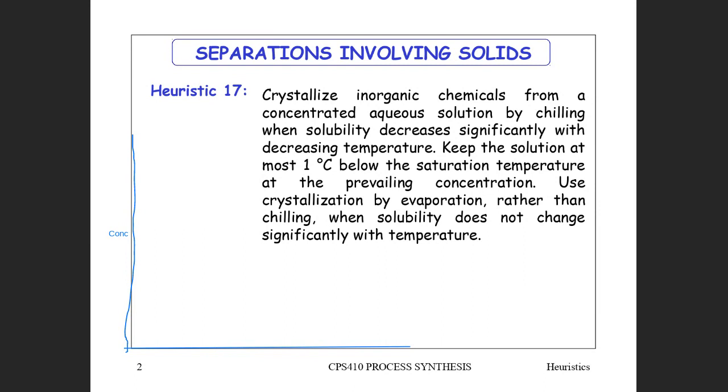And I'm doing it this way because you want your independent variable to be on the x-axis. So as we change temperature, we are changing the saturation concentration. So as we go down in temperature, the concentration will decrease.